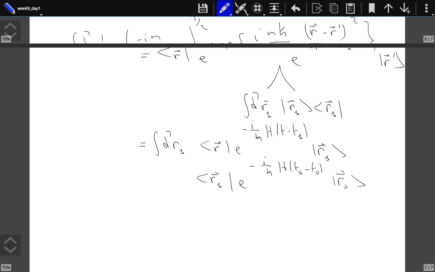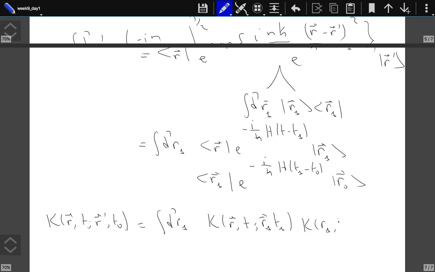But each of these factors inside the integral is just K. So K of r, t, r prime, t0 is equal to the integral d cubed r1, K of r, t, r1, t1, K of r1, t1, r0, t0.